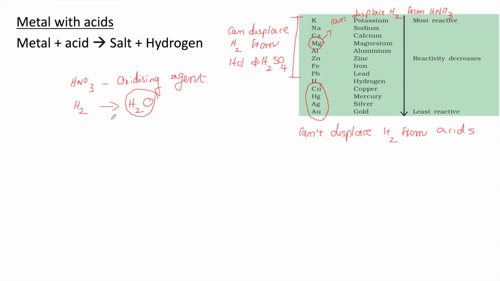And one more metal can displace hydrogen from nitric acid, that is manganese. It is not in the reactivity series, but the metal manganese can also displace hydrogen from nitric acid.